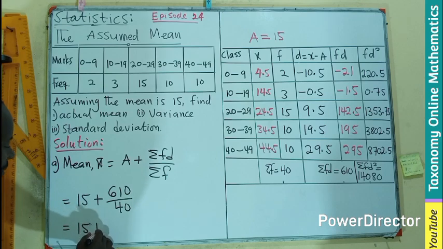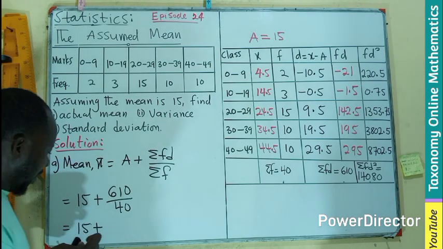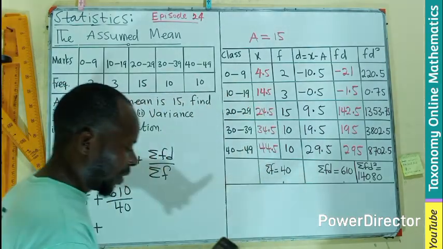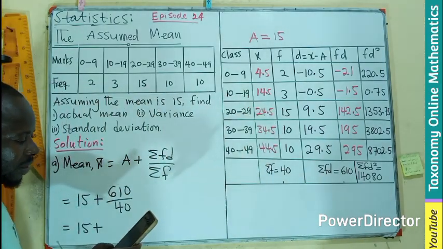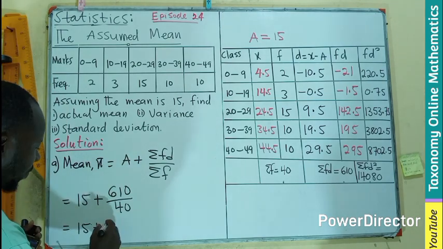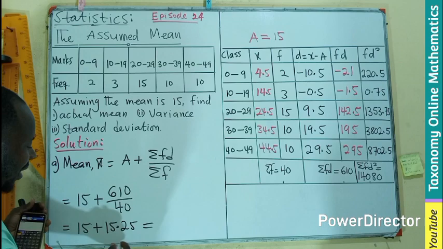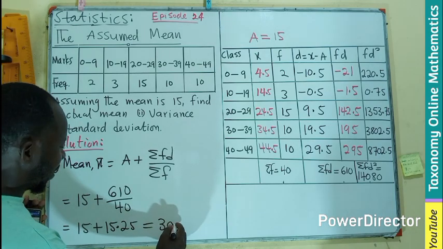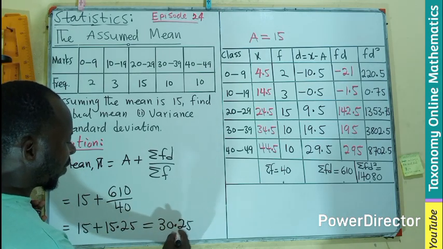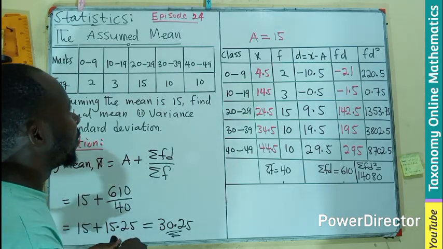That makes it 15 plus 15 point something. Let's see what that is. 610 divided by 40, that's 15.25. And if we add that, that will give us what? 30.25 as the value of the mean, the actual mean for this data.